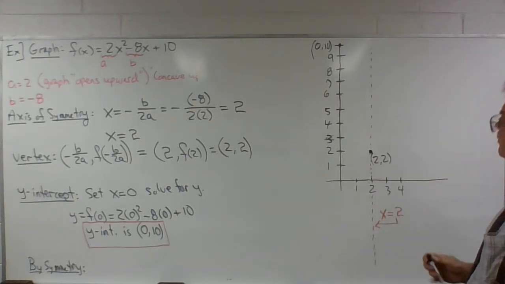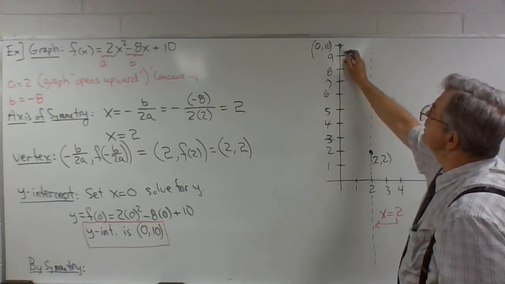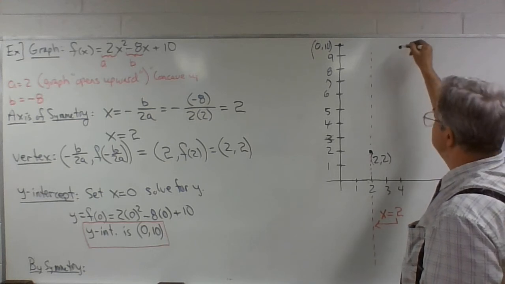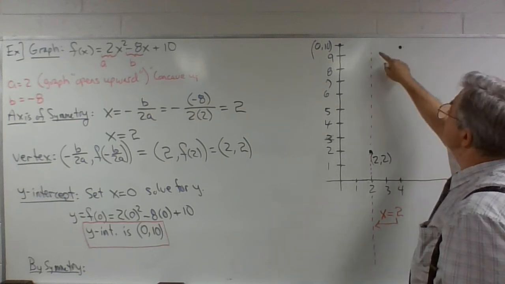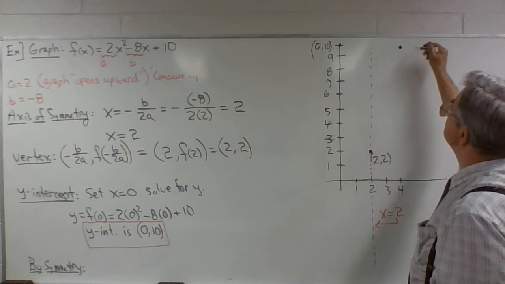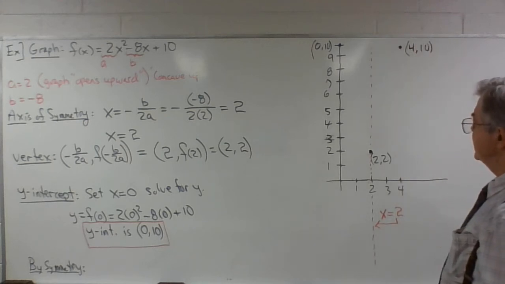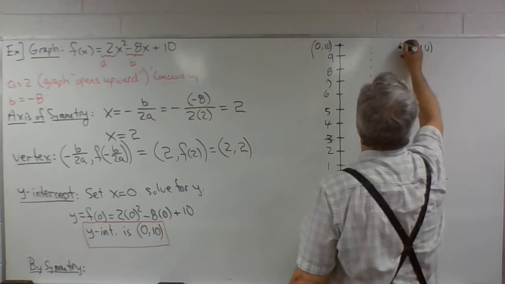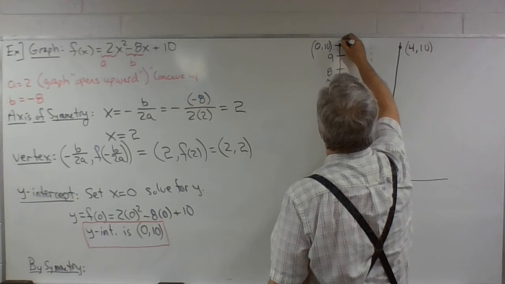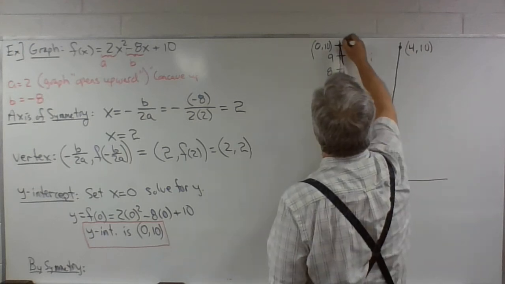So by symmetry, we should have the mirror image of this point appear on the other side of the axis of symmetry. So we go 2 units to the right, that's x equals 4 and y equals 10. And hey, now we got a graph that looks like something. And we sure do. That's a nice graph.